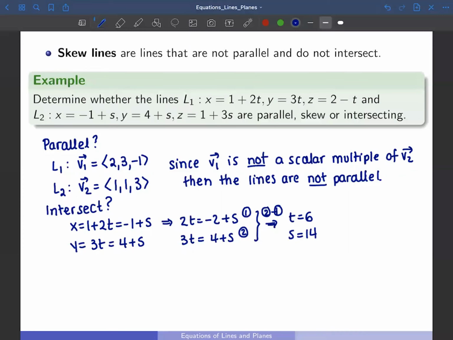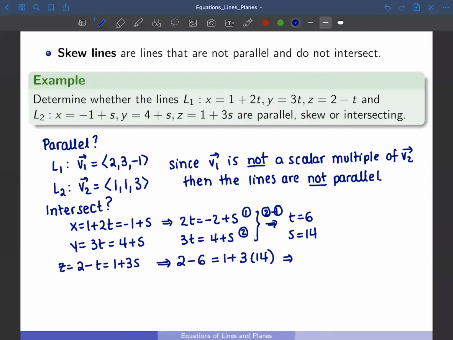So now we'll need to substitute the t and s into the two equations for z. So we have that z is equal to 2 minus t, and this is equal to 1 plus 3s. So substituting t and s, we'll have 2 minus 6 is equal to 1 plus 3 times 14.